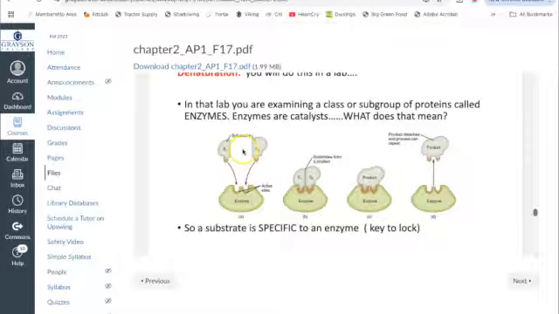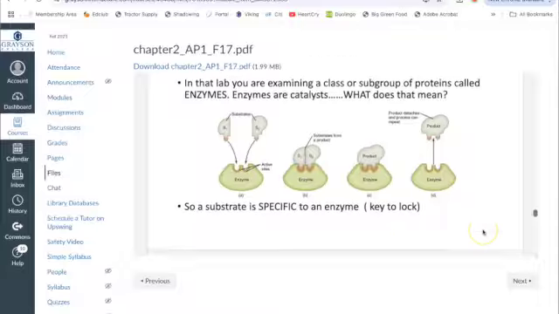So the substrate will go into an enzyme. Here's the enzyme that helps the substrate, which is at this moment the reactant, and then it will become a product. So a substrate is the reactant in an enzymatic reaction.